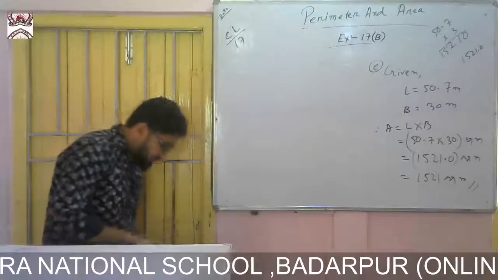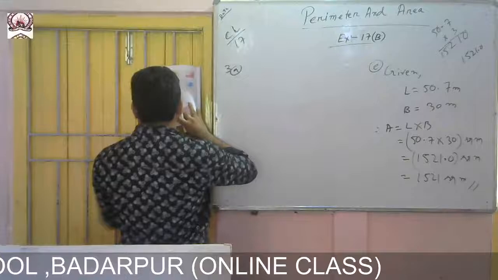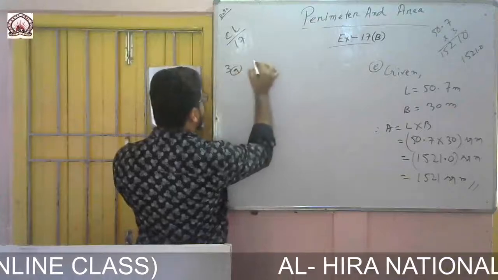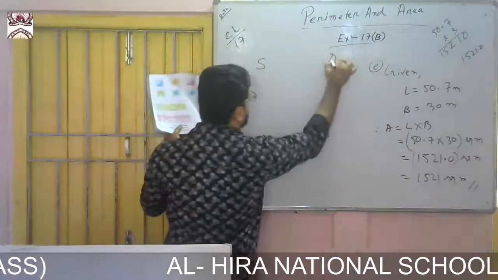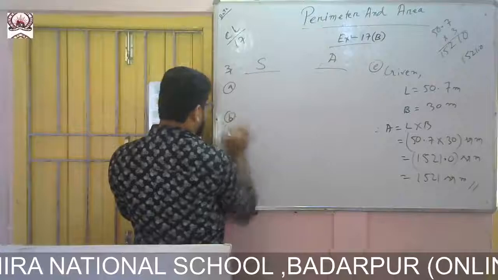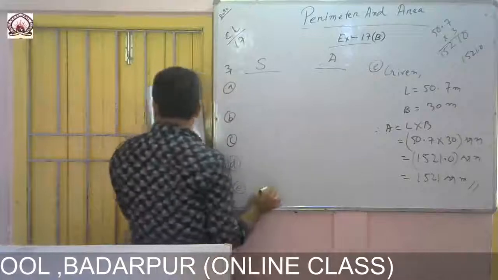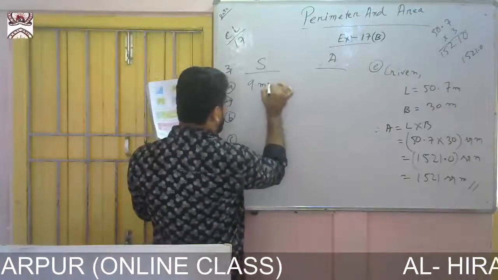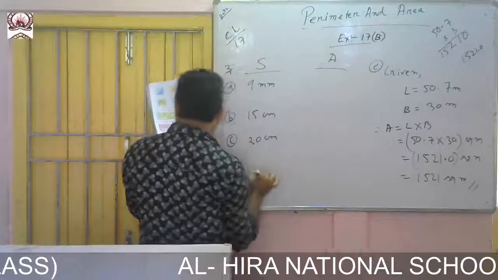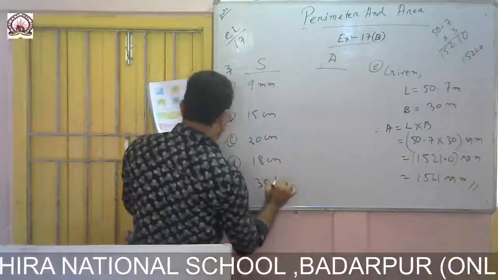So here you see question number 3A. Like this you write side and area, A, B, C, D, E. Side given: 9 millimeter, then 15 centimeter, then 20 centimeter, then 18 centimeter, then 30 kilometer.